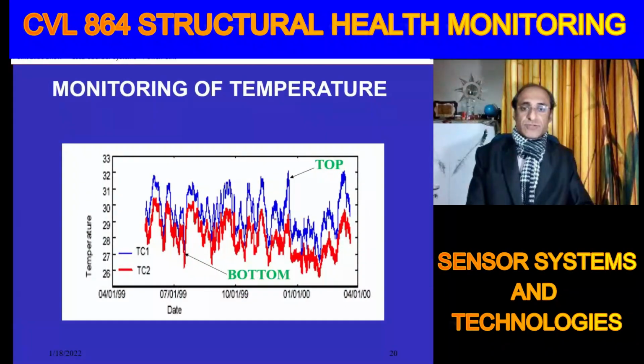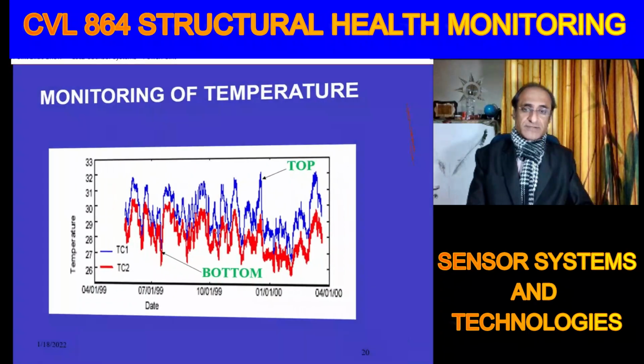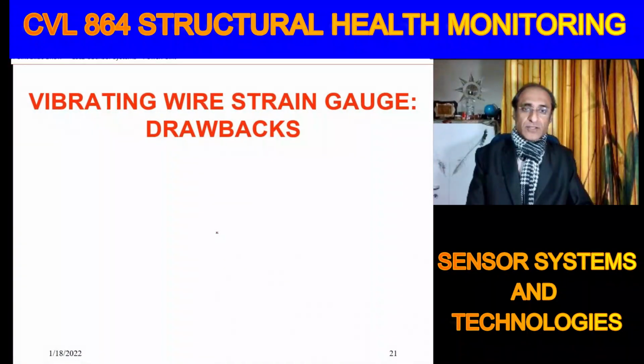Then they also measured the temperature. Bottom and top temperatures were different. All these measurements were taken at a time when structural health monitoring was just at the beginning. With the vibrating wire strain gauge, of course, we have wires to handle, at least from the sensor to the immediate nodal point.